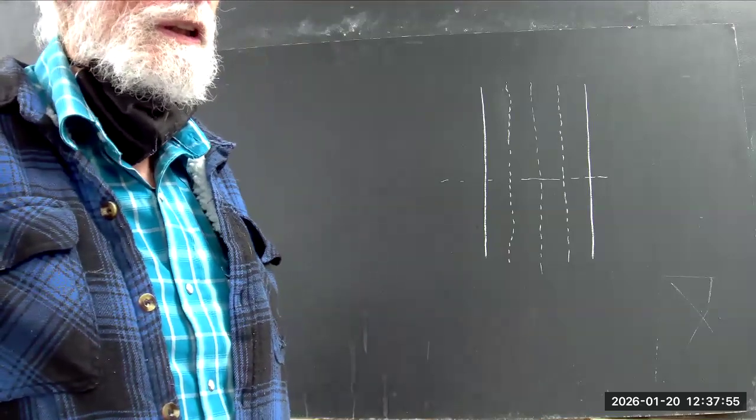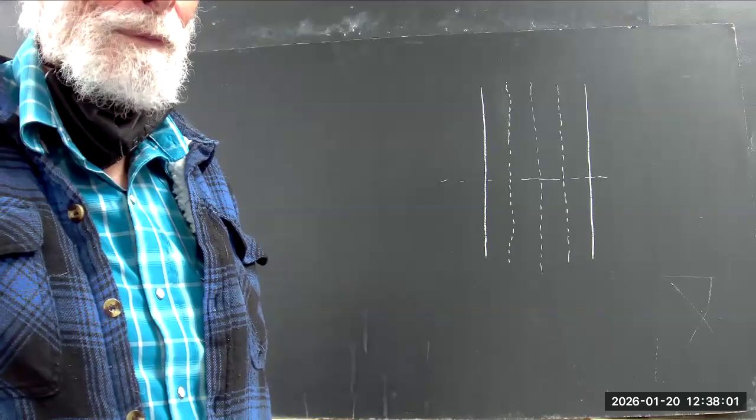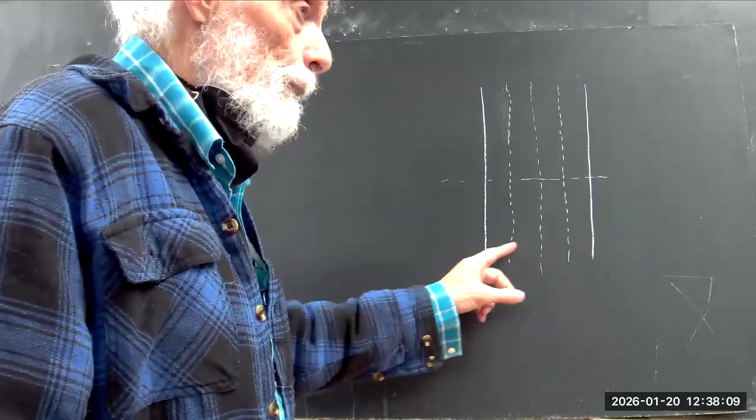Now, halfway between each of the last two lines you drew and the center. We're just moving halfway to the center. So halfway from this line to the center, halfway from this line to the center. It's okay to keep.